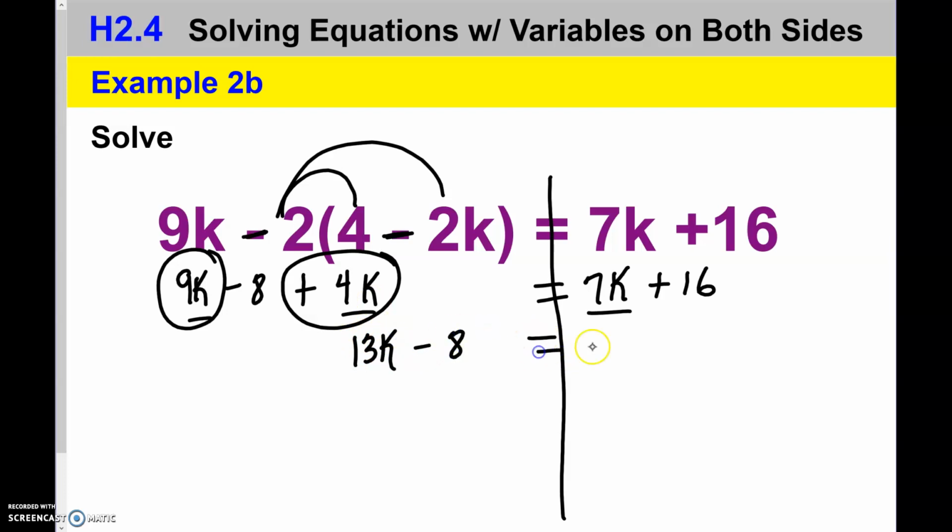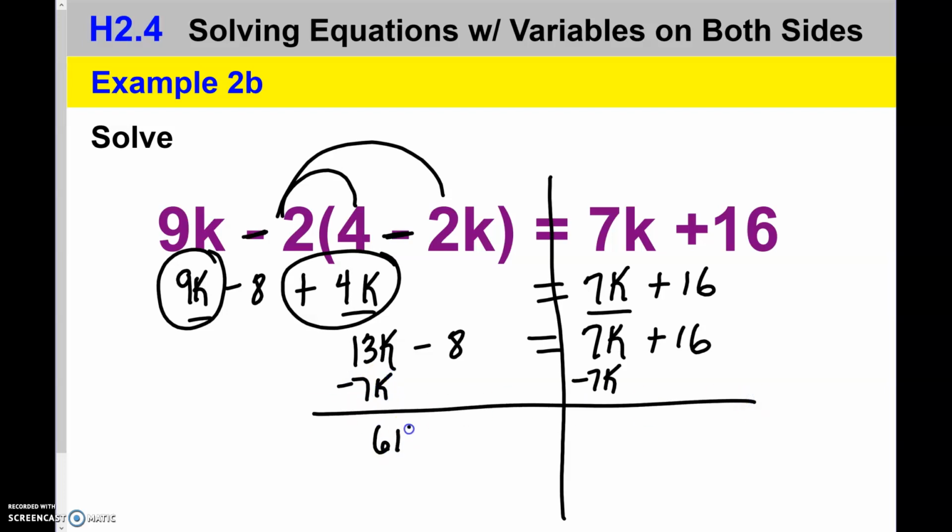So when they're on the same side, I do the exact math that they're telling me to do. All right, now when I look at my k's, they're on opposite sides. So now I'm going to do opposite operations, and I am going to move the smaller one. 7's smaller than 13. So I'm going to subtract 7k.